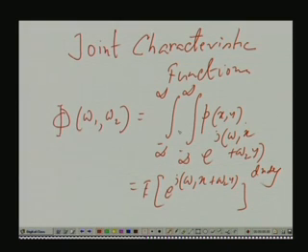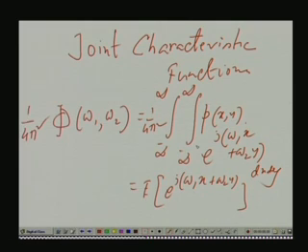You can see that if you multiply both sides by 1 by 4 pi squared, then this is nothing but the inverse Fourier transform of p x comma y at omega_1 comma omega_2. See, there is a plus sign here, no minus sign.